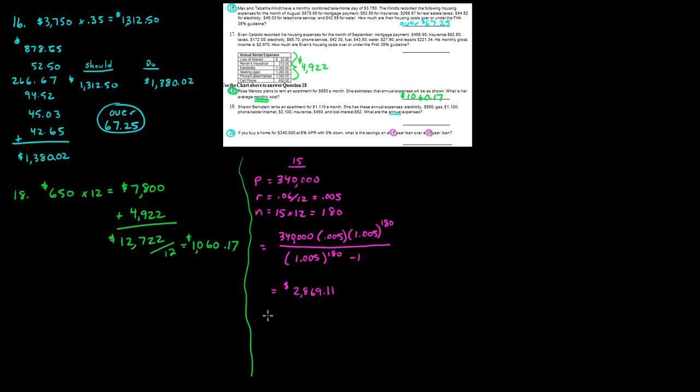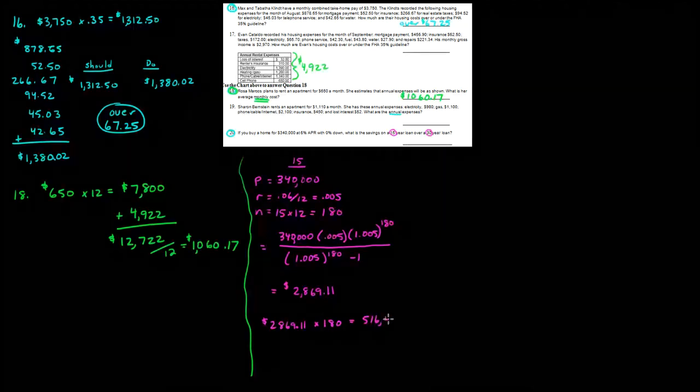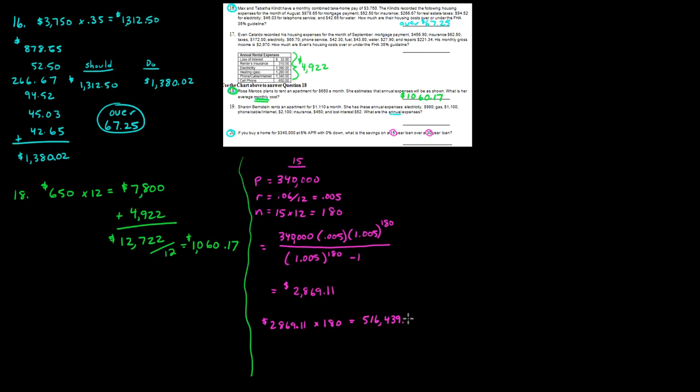Then, to find the total payment, I take that amount, $2,869.11, and I'm going to multiply it by the number of payments, which is 180, and the total cost of this loan is $516,439.80.